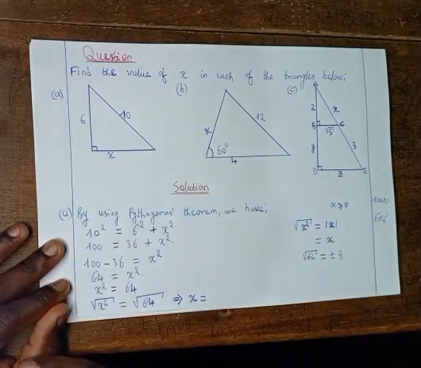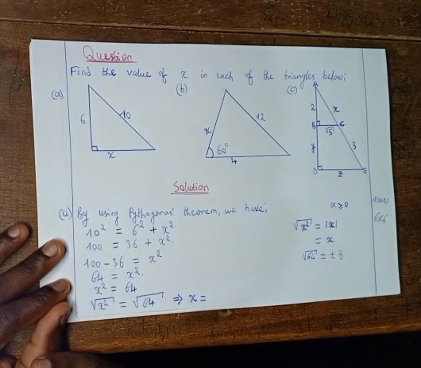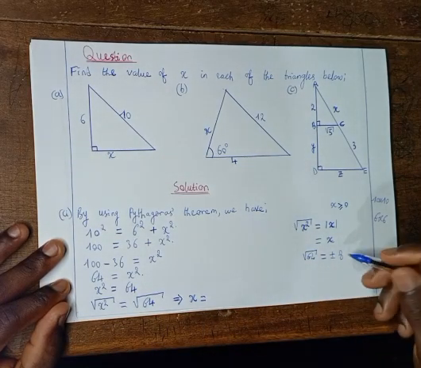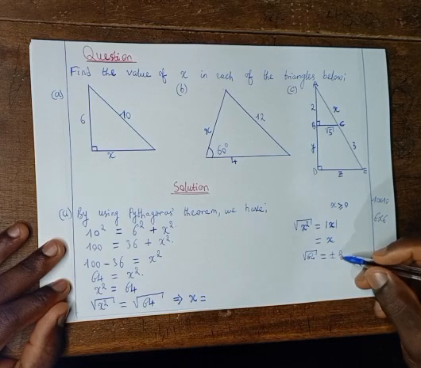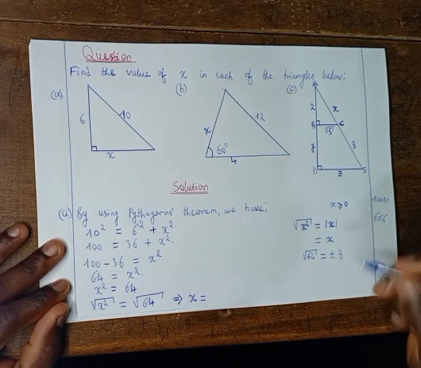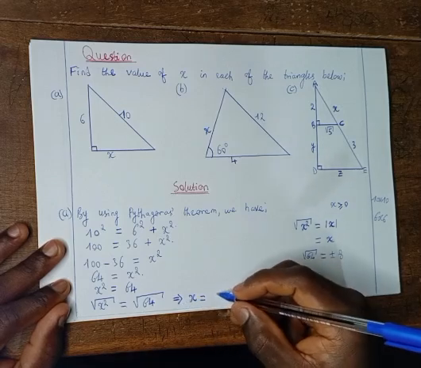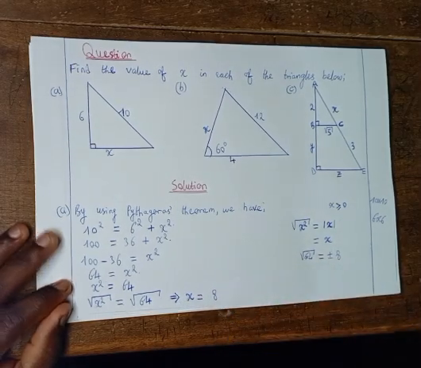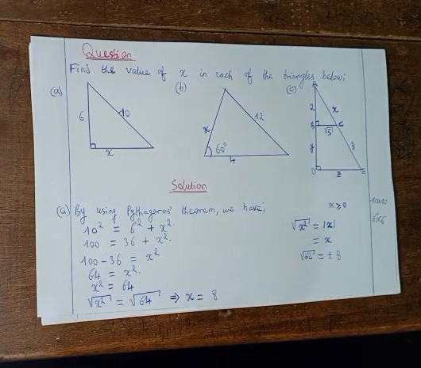We know distance is always positive. Distance can never be negative. So in this case, we are simply going to take the positive root of 64, which is positive 8. So x will simply be equal to positive 8.